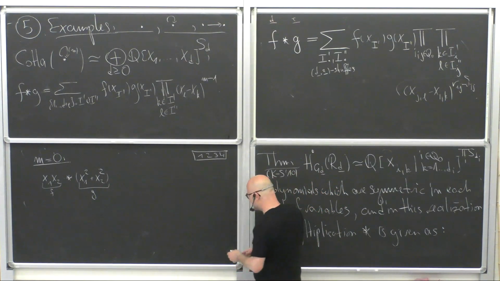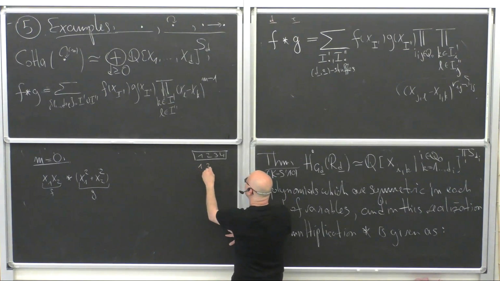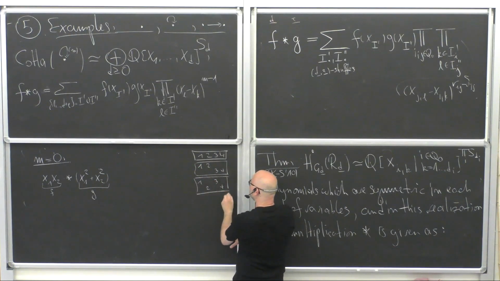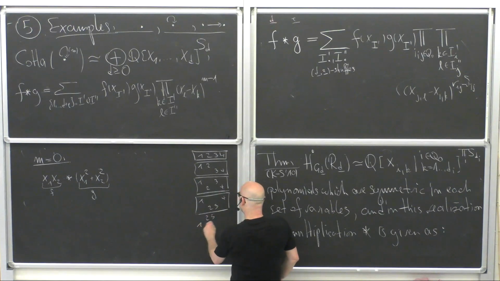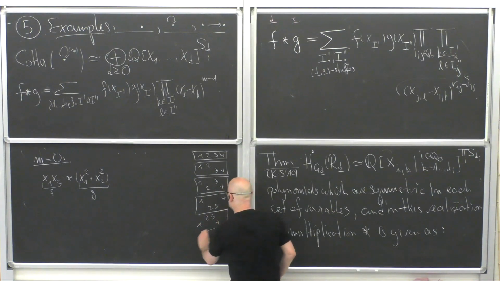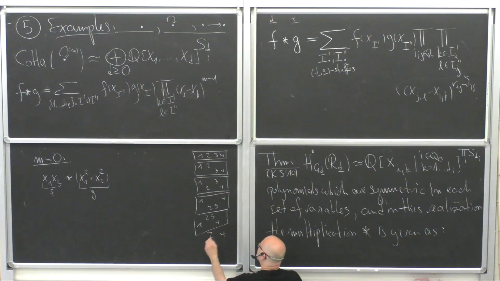And this you can do as follows. You can shuffle 1, 2 and 3, 4. This is the first thing. You can shuffle 1, 3 into 2, 4. You can shuffle 1, 4 into 2, 3. And you can shuffle 2, 3 in 1, 4. 2, 4 and 1, 3.